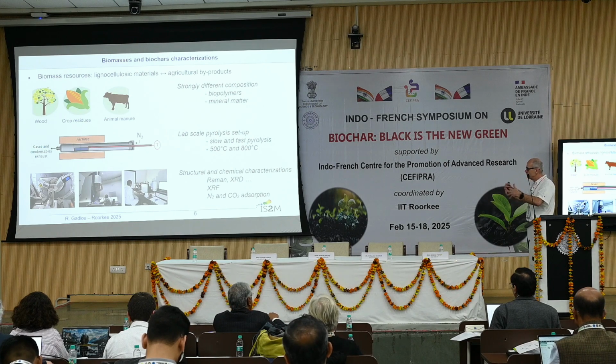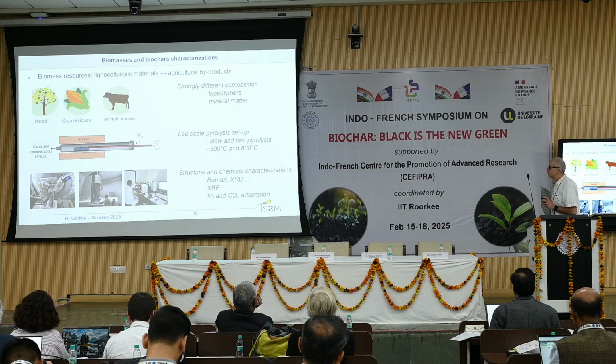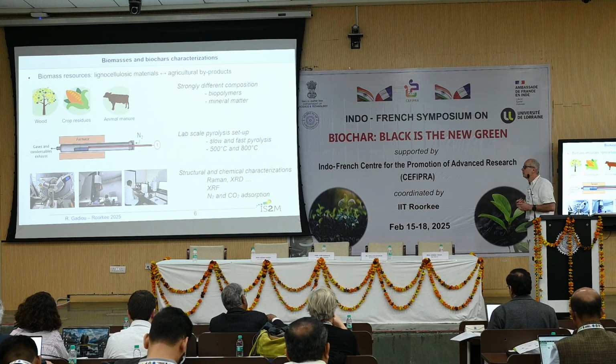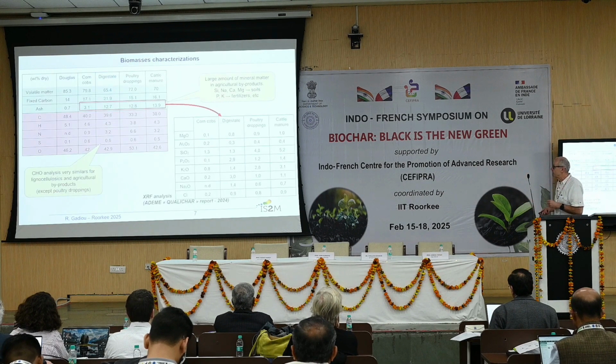We can do many experiments and we obtain exactly the same thing. So it's very valuable for this. And an important thing also is that we have observed that it compares well with our small pilot plant that works with nearly 1 kilogram per hour. And then we do all the characterization.